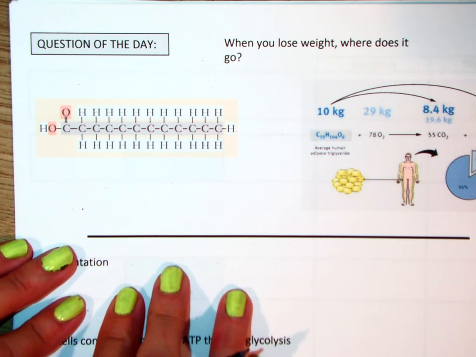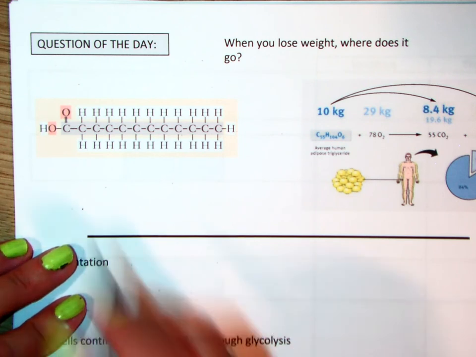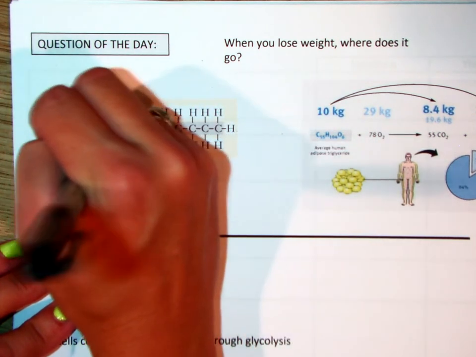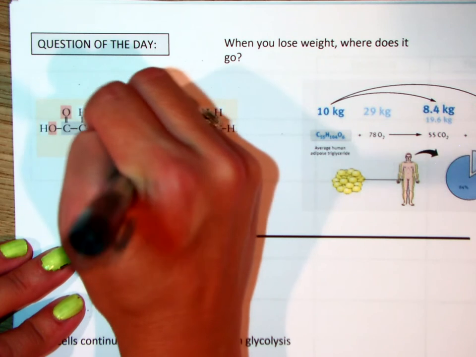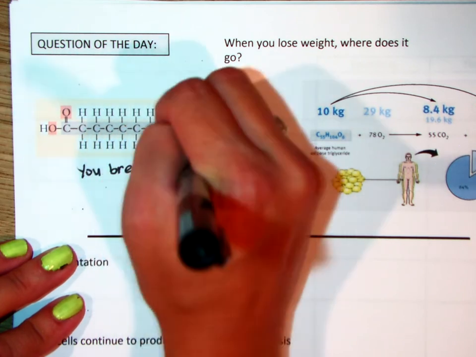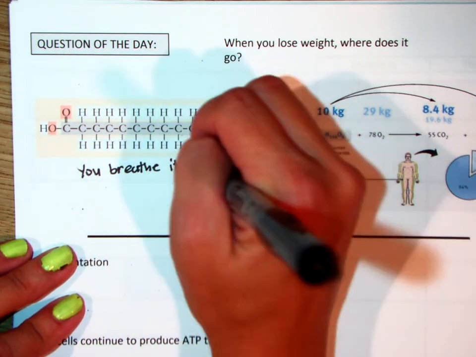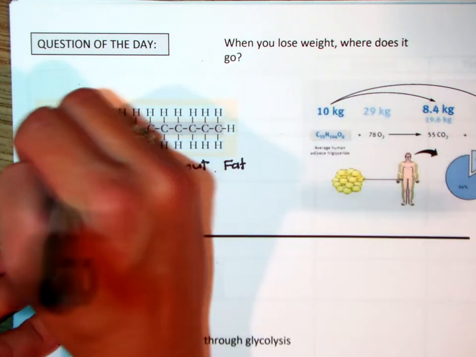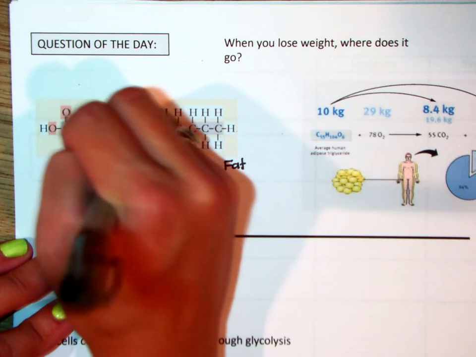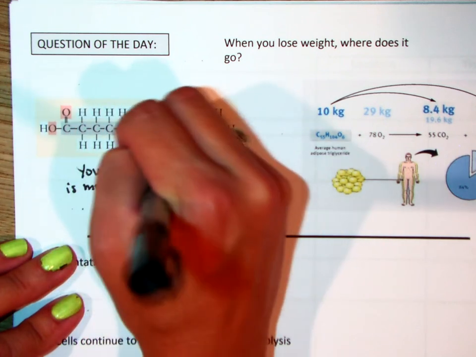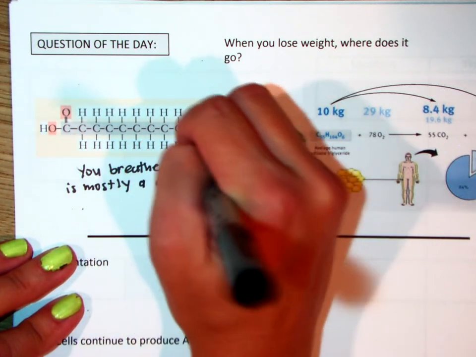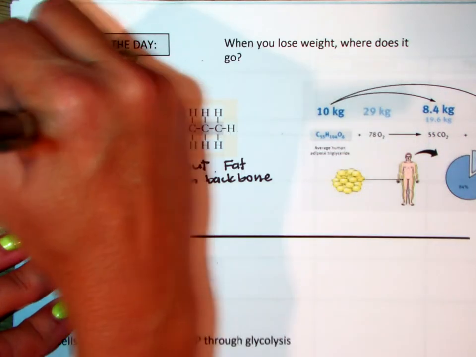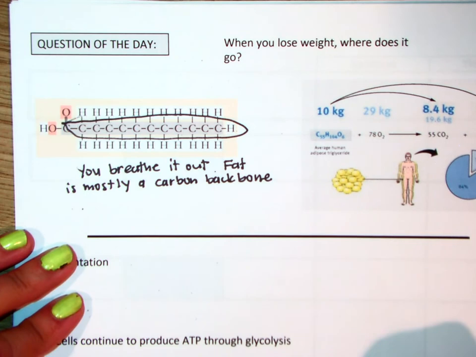So again, we kind of talked about this: when you lose weight, where does it go? You breathe it out. So fat is mostly a carbon backbone, like we looked at the very start, that carbon backbone.